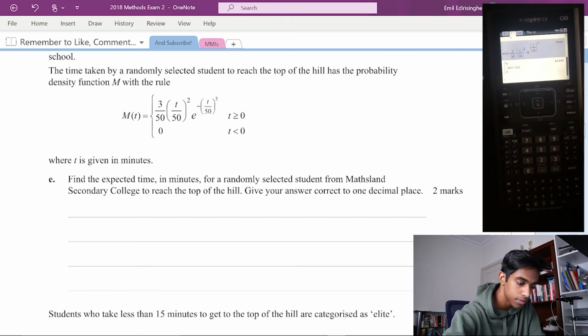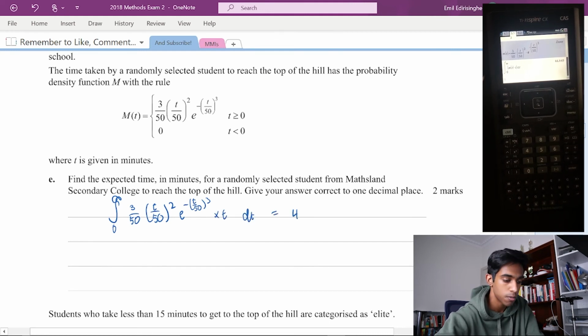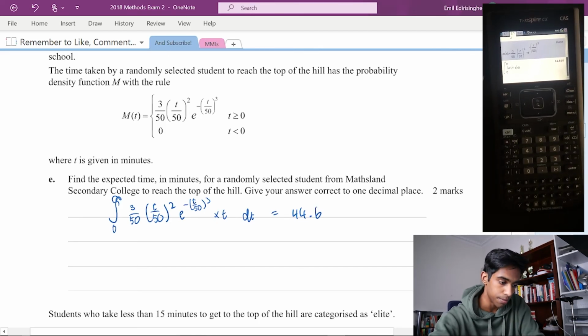So 0 to infinity, 3 on 50, that is equal to 44.6 minutes.